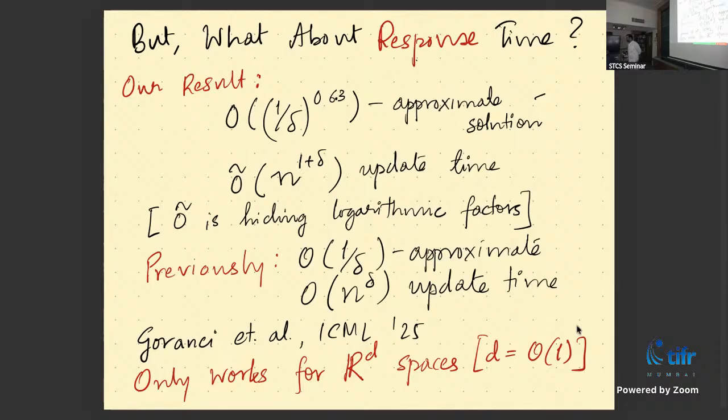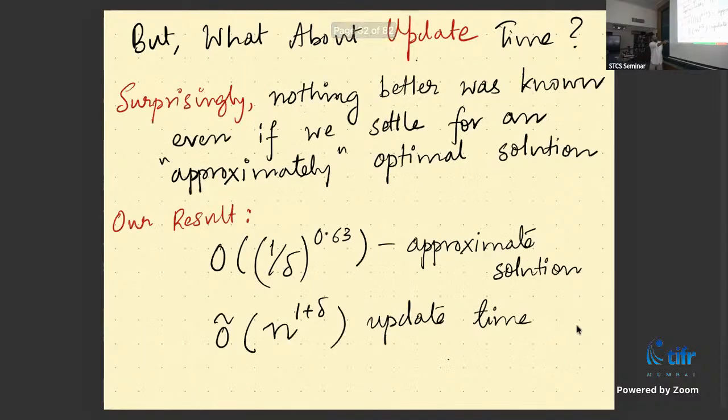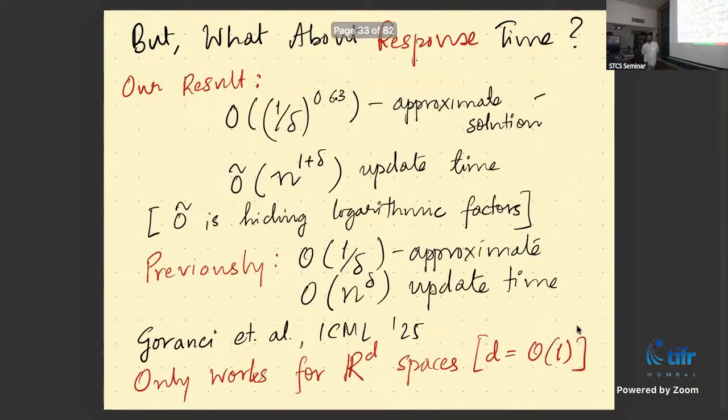Okay. N to the delta, whereas ours is n to the 1 plus delta. Okay. This is 1 minus 1 over 8.6. That's what, log 2 base 3? Log 3. Yeah, that's the source.